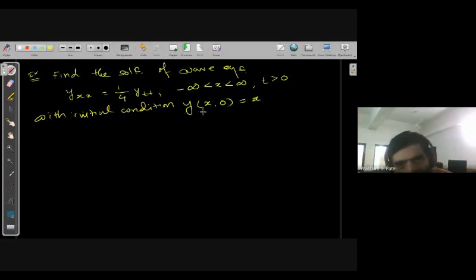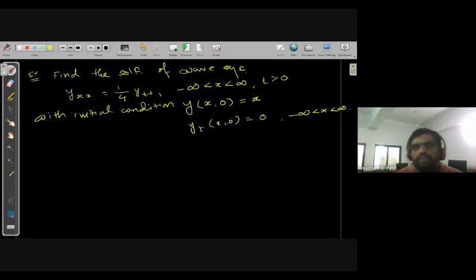That means initially the displacement is x, and yt at x,0 is 0, for x between minus infinity and infinity.